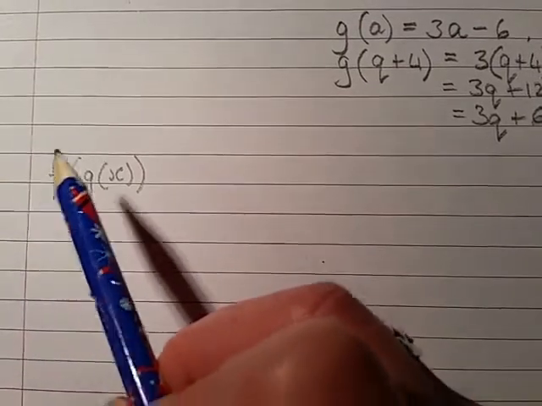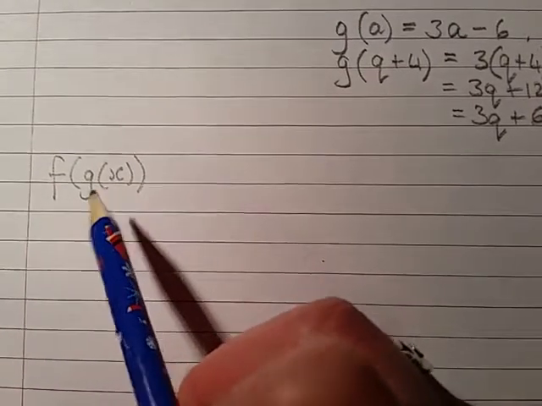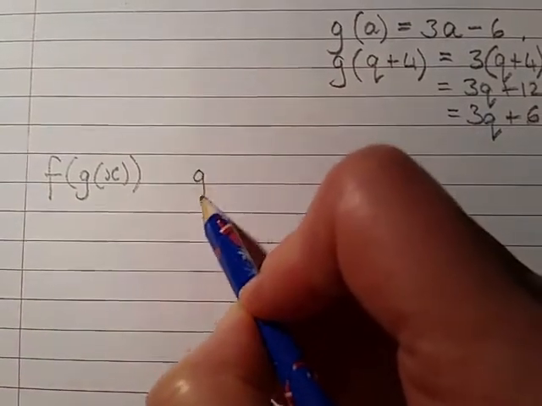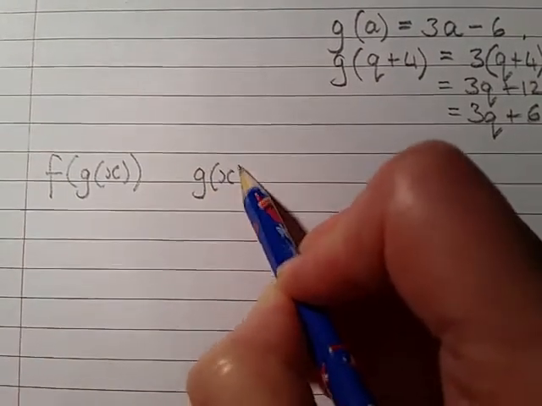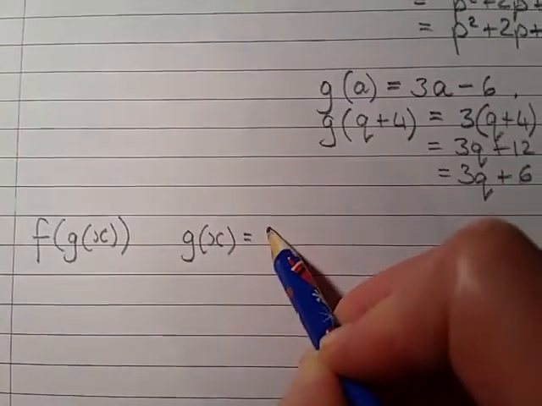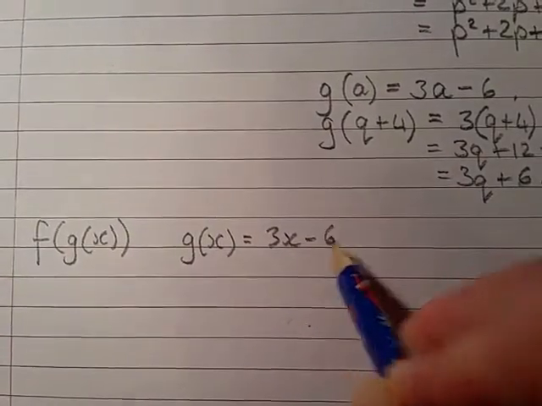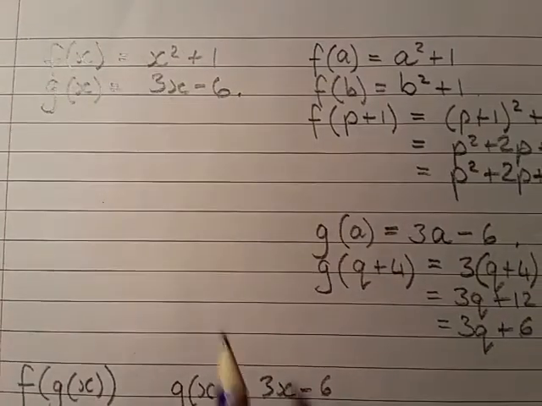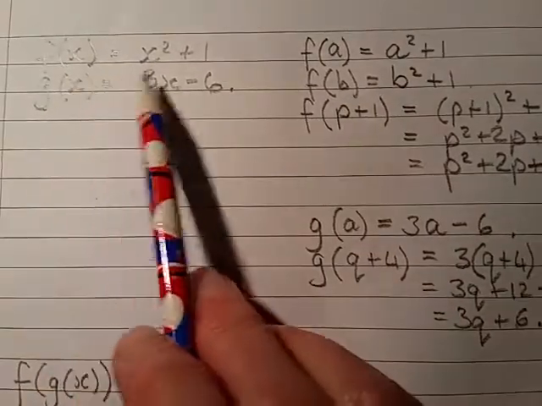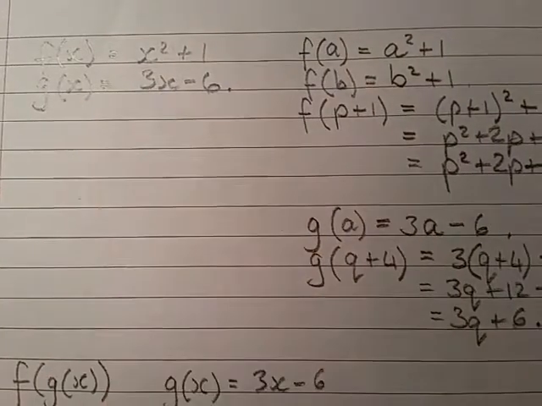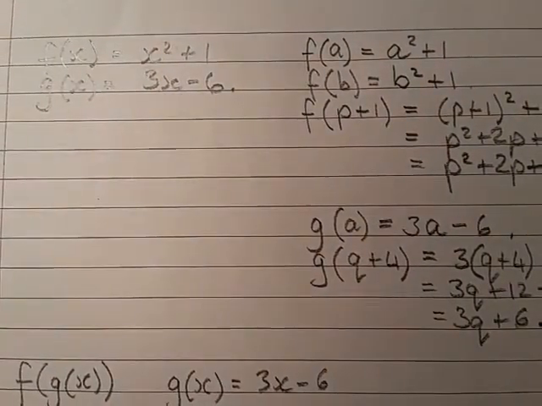And in order to do that, we first of all need to know what g of x is. Well, we know that. We've got it written down up there. G of x is 3x minus 6. I don't think anybody would argue with that. 3 times whatever you put in, x, minus 6.